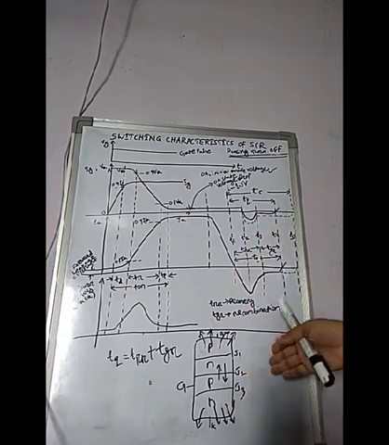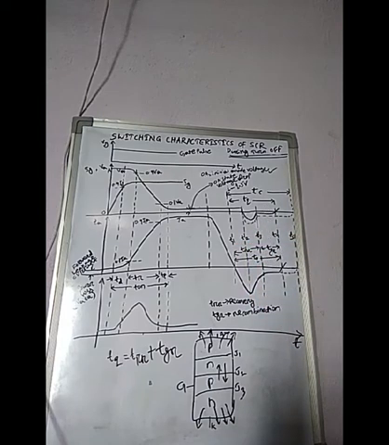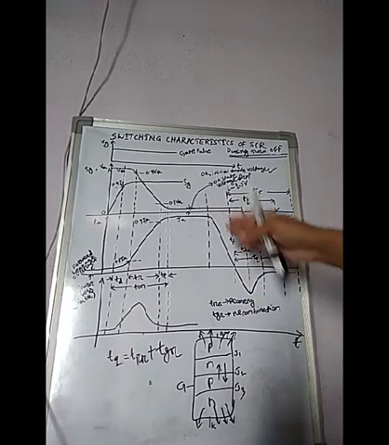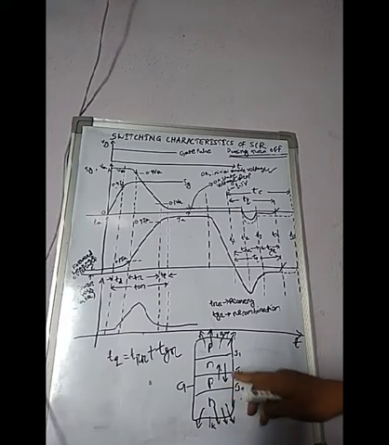So what happens during the formation of this reverse recovery current? This reverse recovery current removes excess carriers from the end junctions J1 and J3.